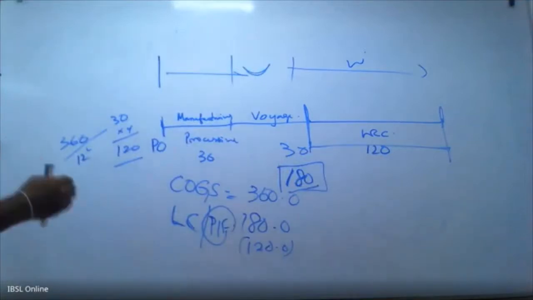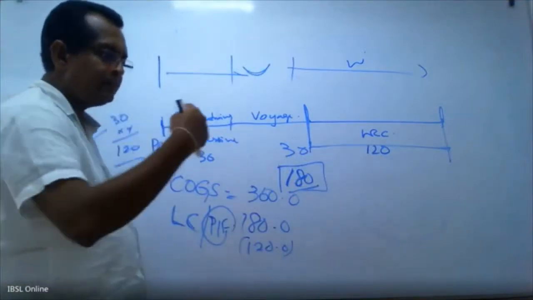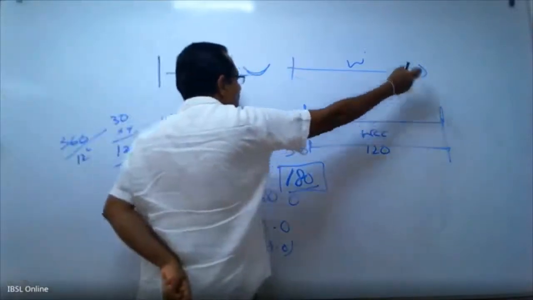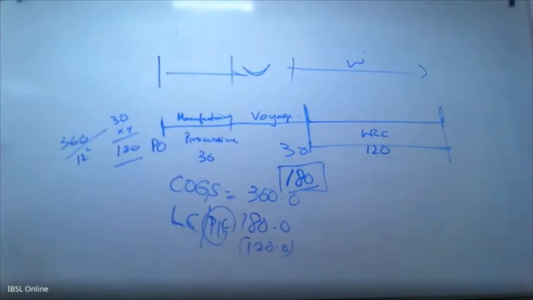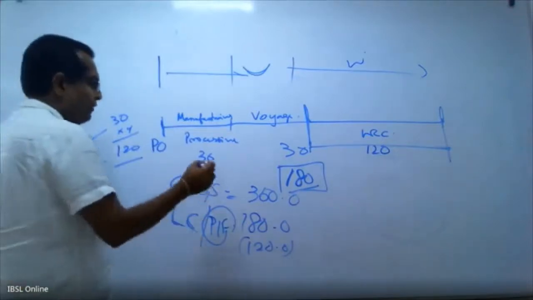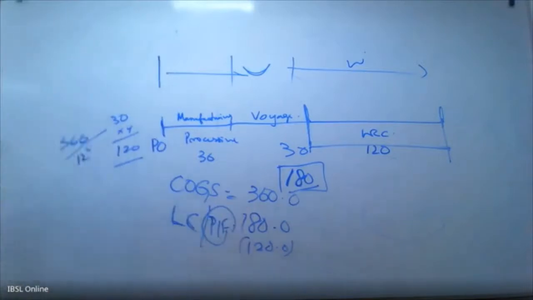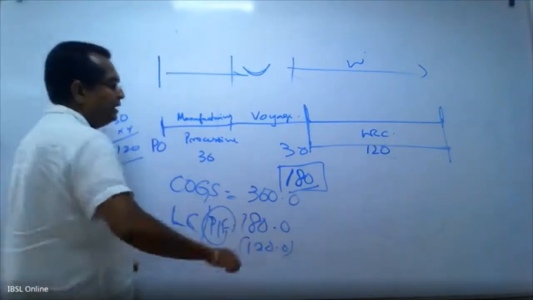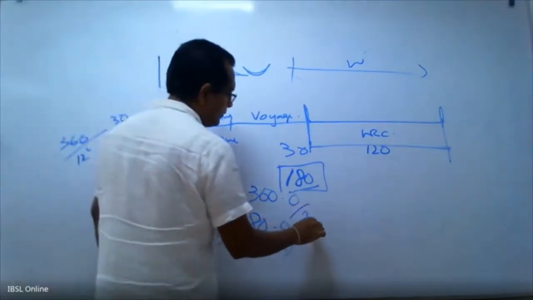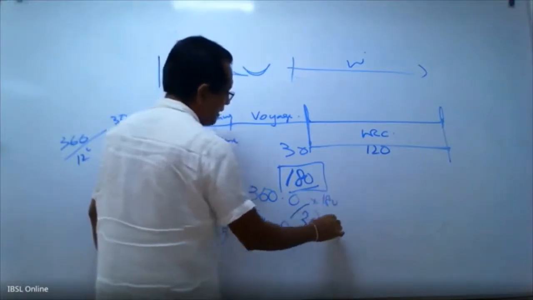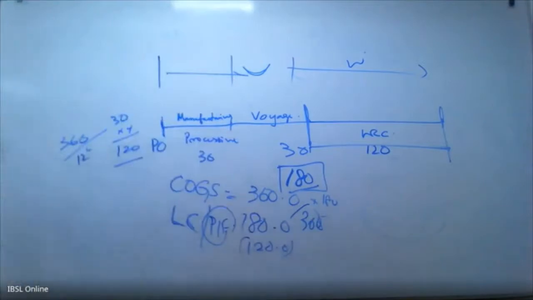You need to have several LCs open before you get your money to settle the LC. So we take the annual cost of goods sold divided by 360, multiplied by 180, the number of days. You will get that figure.